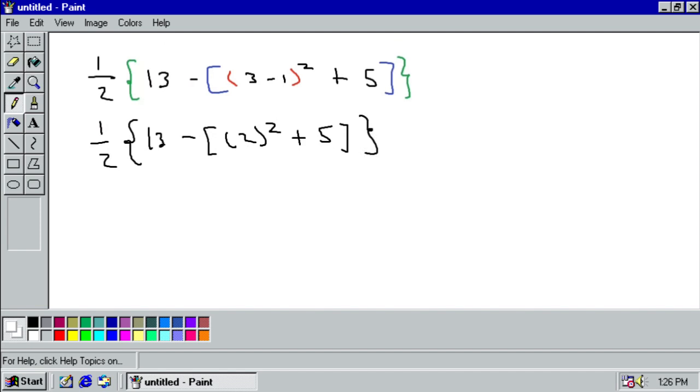So let's square this. 2 squared is equal to 4. Now we have 4 plus 5, that will be equal to 9.